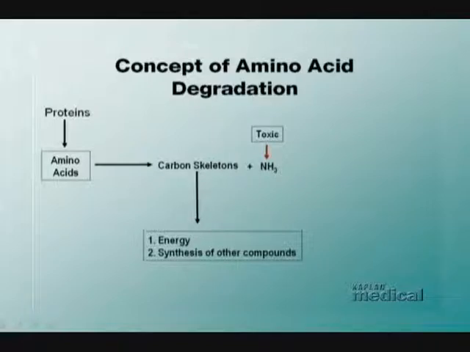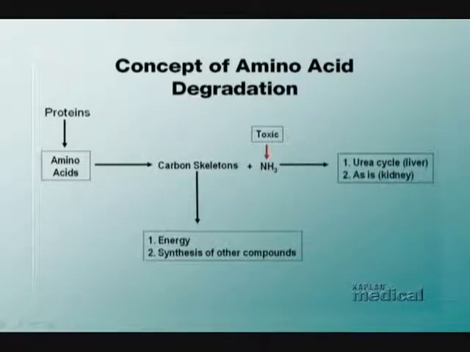The body has a way of getting rid of its nitrogen waste products, and that's going to be through the urea cycle. The ammonia is either going to be excreted through the urea cycle, or excreted as it is in the kidney. Most ammonia, though, is converted to urea through the urea cycle and excreted that way, but some free ammonia can be released from the kidney.